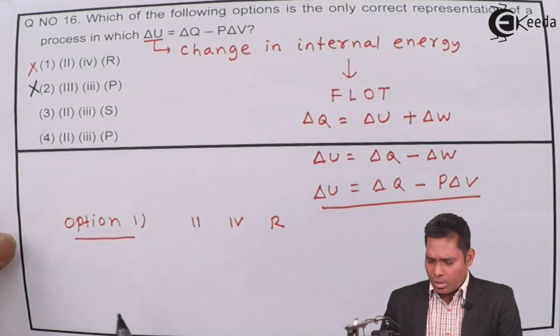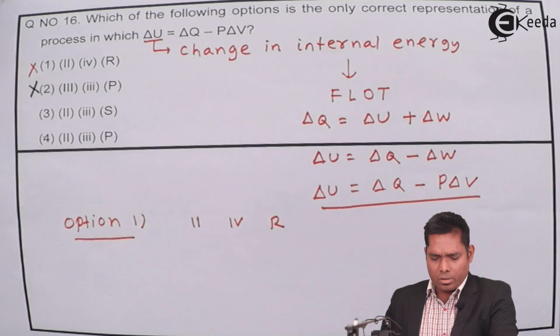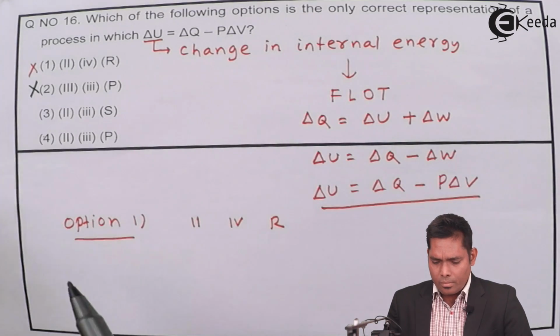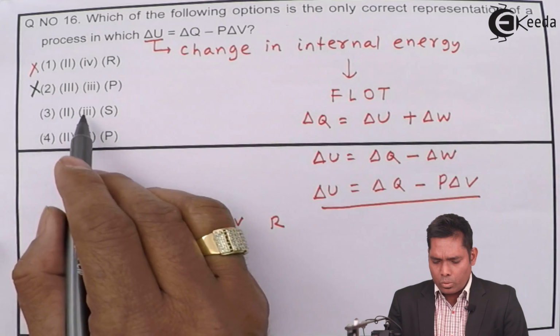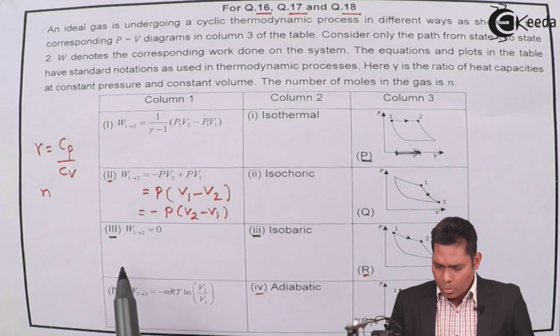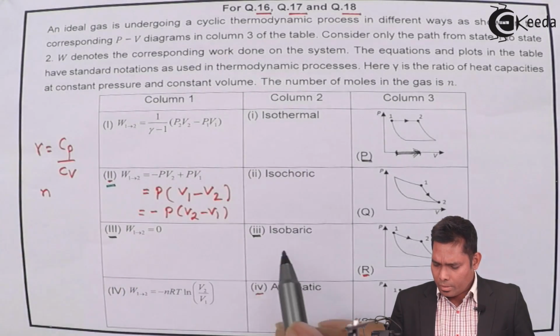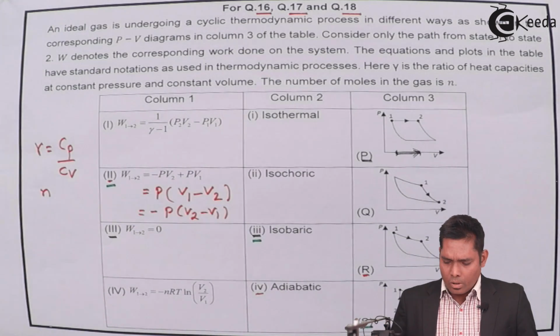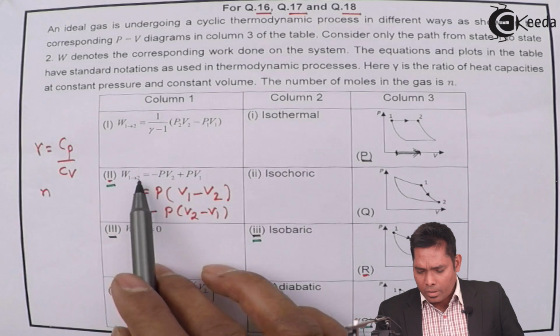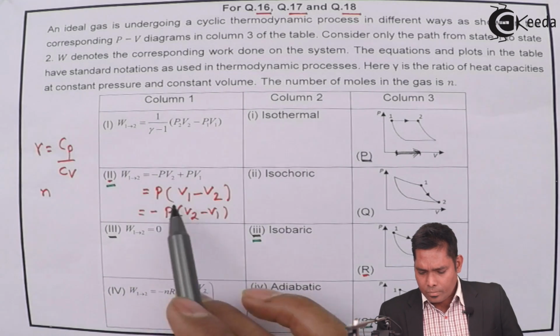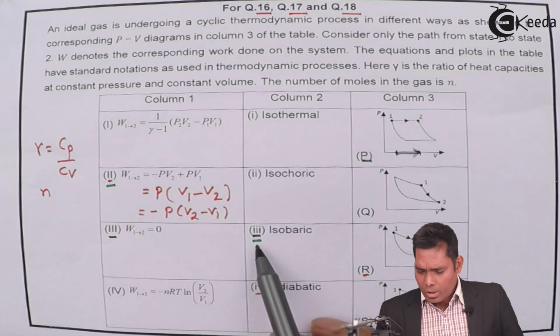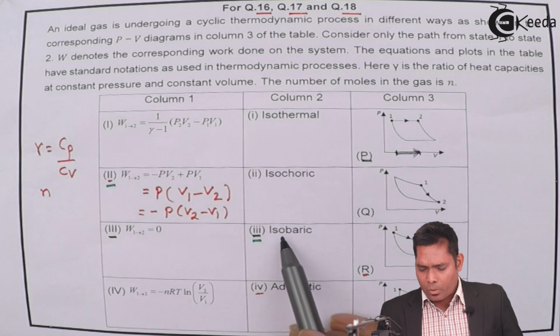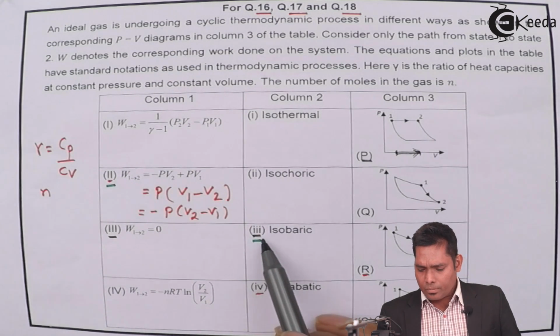Now let us see the third option, which is 2, 3S. 2 from here, 3 from here, and S from here. 2, 3S. So here work done is this one. This is an isobaric process. In an isobaric process, the pressure is constant.